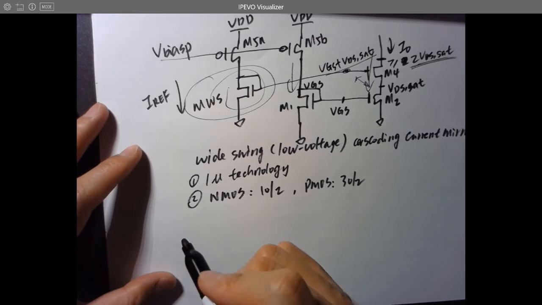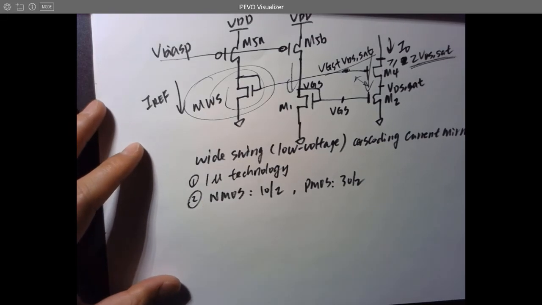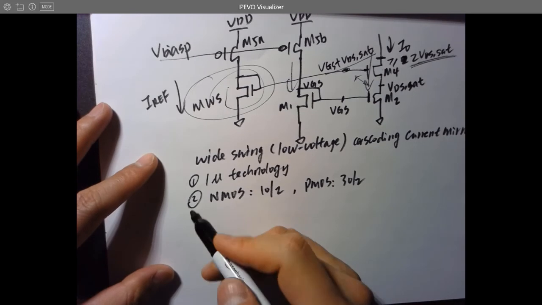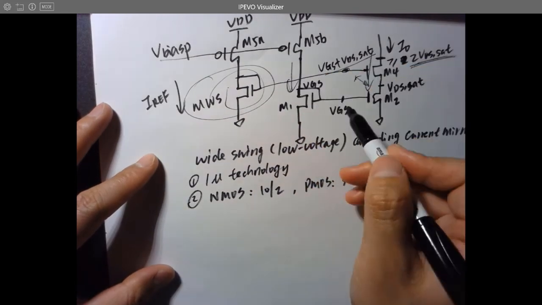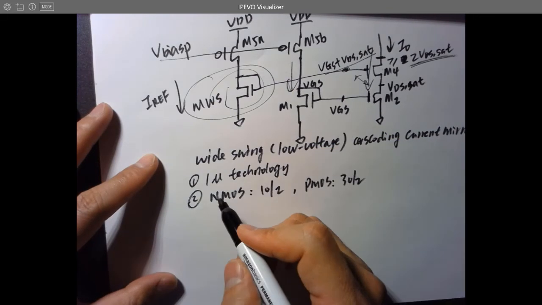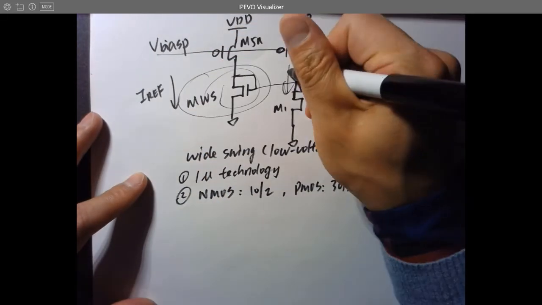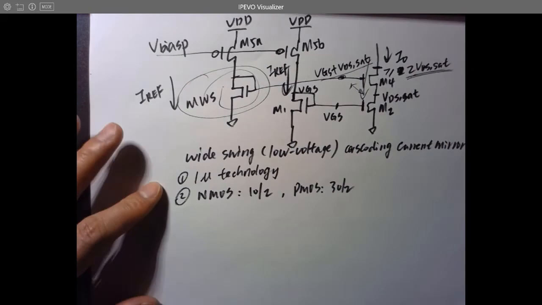The equation to derive this one is still the square law equation, and we are trying to design the I over here, and this is 1 time of VGS. Okay, this current is IREF. This is IREF as well. This is also IREF.